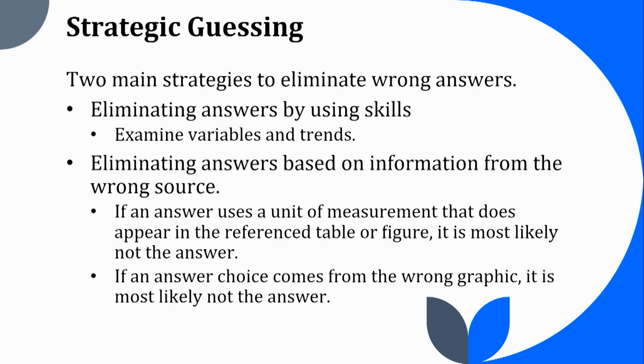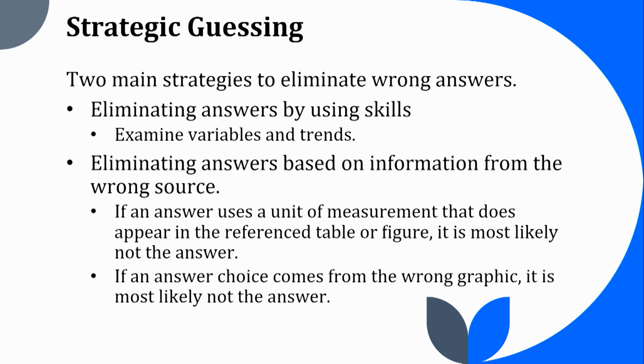So the 2 main strategies to eliminate wrong answers. The first one is eliminating answers by using skills. For this, what we want to do is examine variables and trends. Like we were looking at for those previous graphs, it's very easy to identify on bar graphs and line graphs what the trend is. Is it a direct correlation? Is it an inverse correlation?